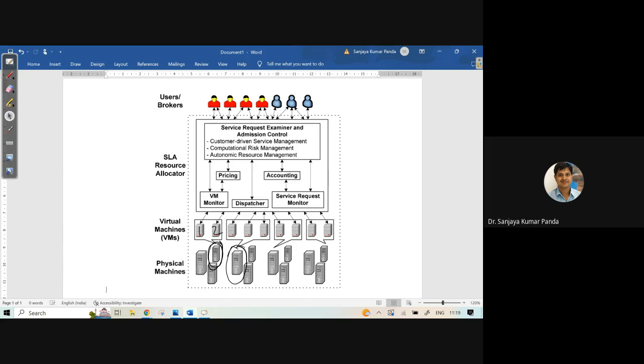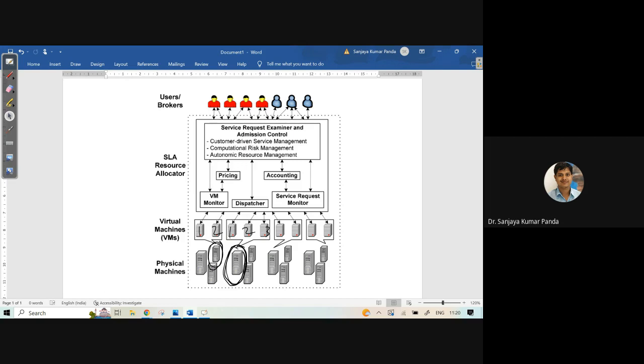But with this other server, you have created 3 virtual machines. How many virtual machines you can create purely depends upon the size of the physical machine. If the physical machine is bigger, then you can create more virtual machines, provided it satisfies all the requirements and can manage all the virtual machines.